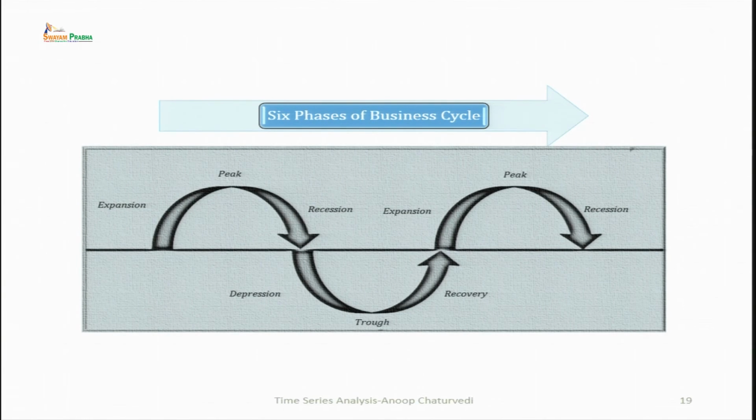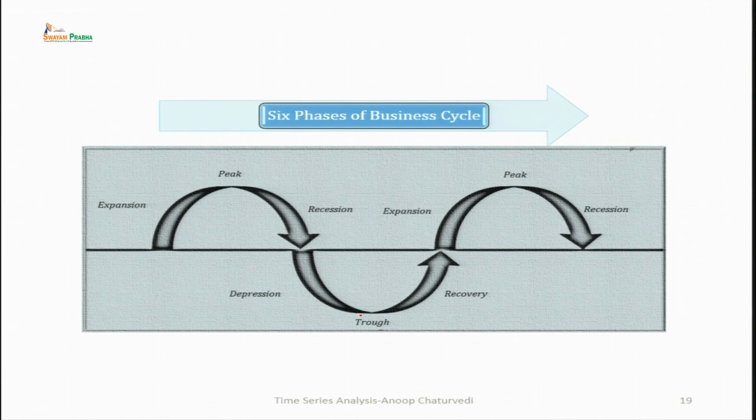Now, using this graph, I can show you those 6 phases. This is the period of expansion, where the time series is increasing. Then it reaches its peak. Then it starts decreasing. So, this is the period of recession, and then it goes below this middle value.